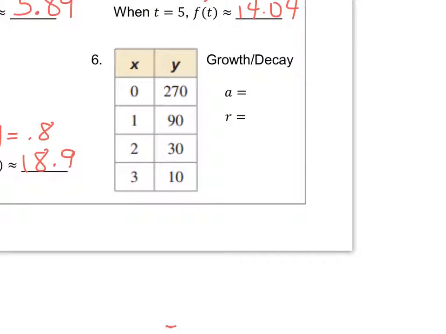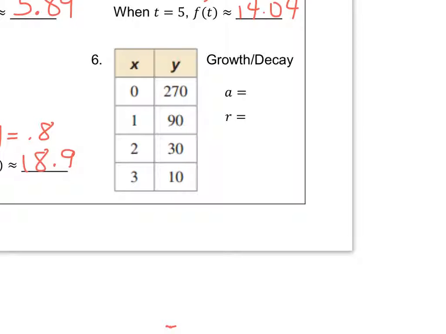Okay, so on number 6, we are given a table. Now having it as a table, you've got a couple of choices. We know it's exponential, so you could put this table into your calculator and do stat edit, enter it in, and then do stat calculate 0, which is exponential.